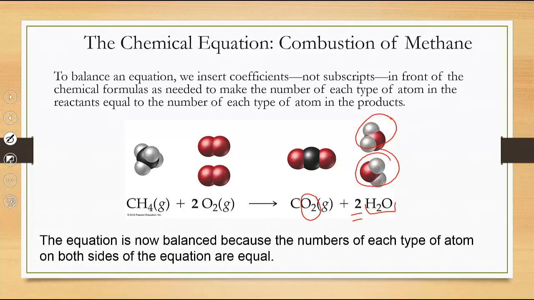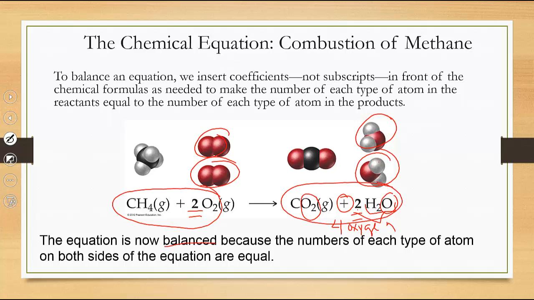Now we have 2 oxygens over here because 2 times 1. So I have a total, when I add them together, of 4 oxygens. Because of that, I can multiply the oxygen here by 2, saying I have 2 sets of oxygen molecules. This is now called a balanced equation, because the left hand side has the same number of atoms as the right hand side, and it's balanced out.